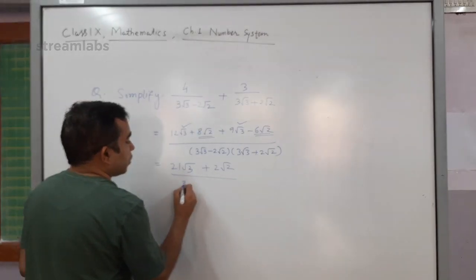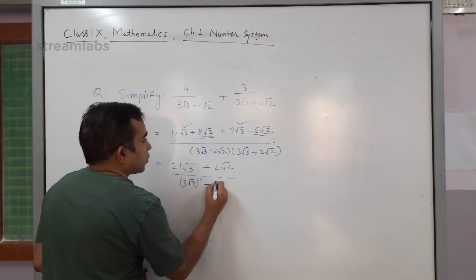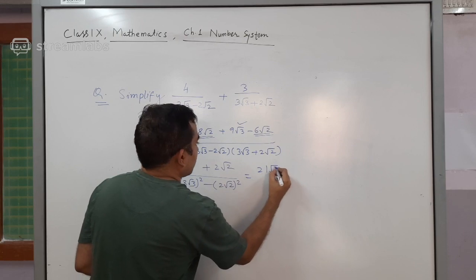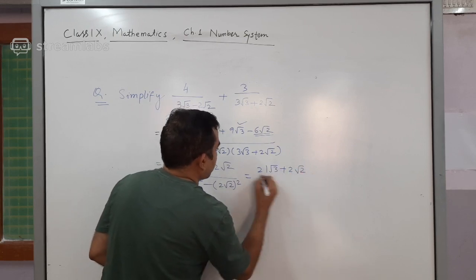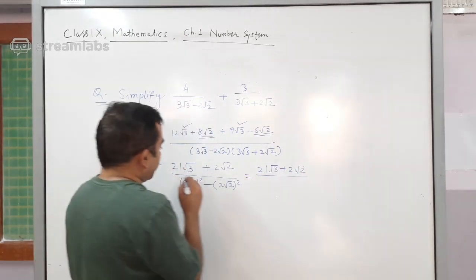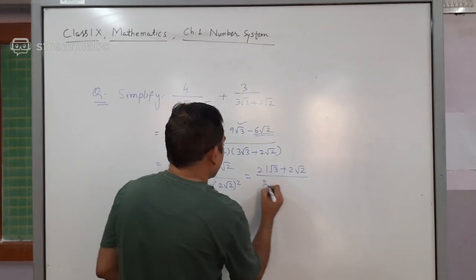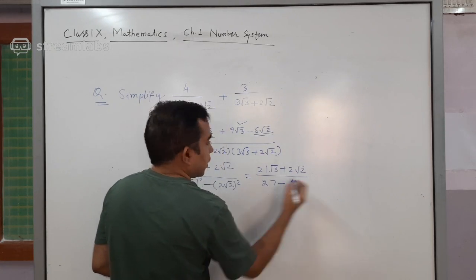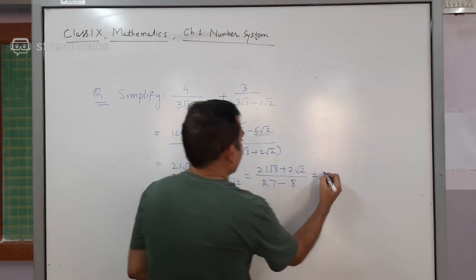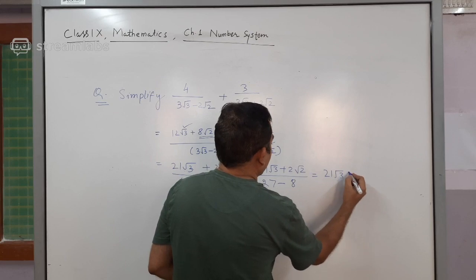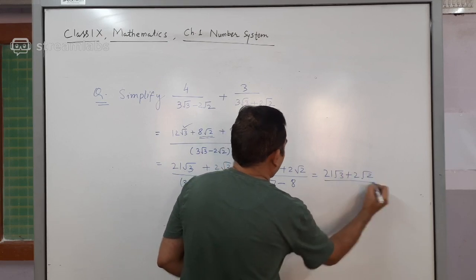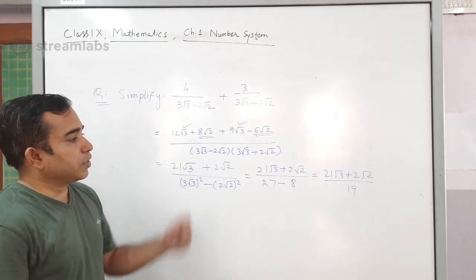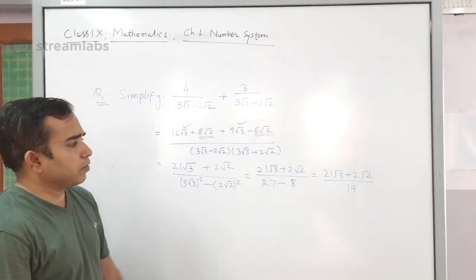So this is going to be 3 root 3 whole square minus 2 root 2 whole square, and this will become 21 root 3 plus 2 root 2 whole divided by 3 3s are 9 into 3, 27 minus 2 2s are 4 2s are 8, and this will become 21 root 3 plus 2 root 2 whole divided by 19, isn't it?